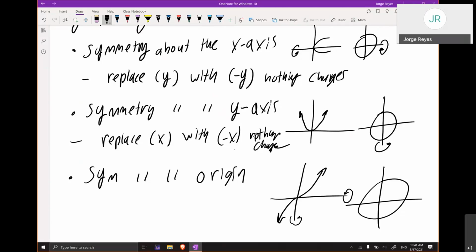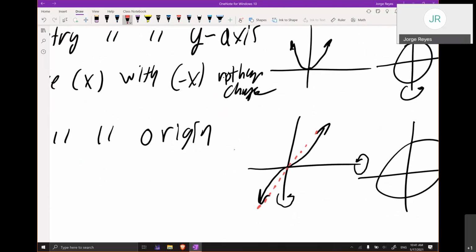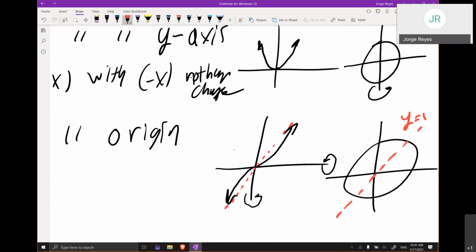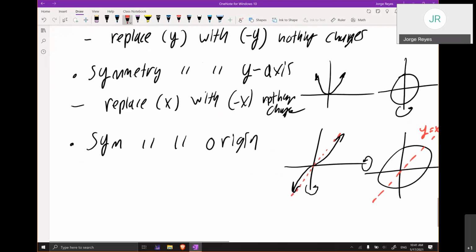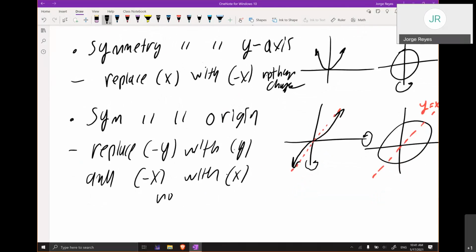Or what a lot of books like to say is it's symmetric across the line y equals x. But to figure it out, you just have to replace negative y with y and negative x with x, and nothing changes.